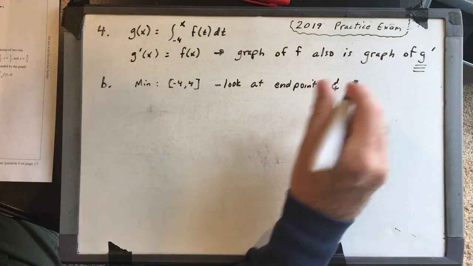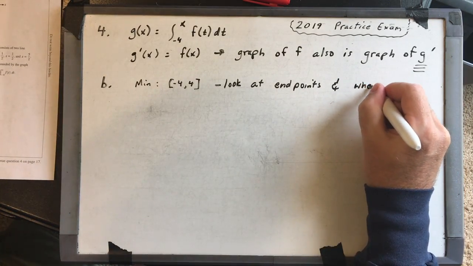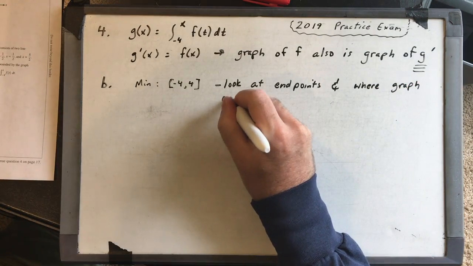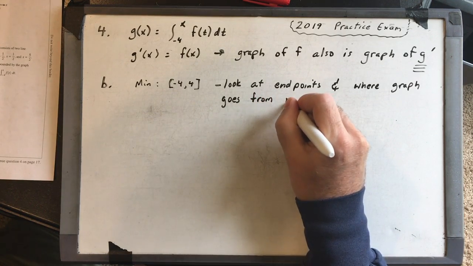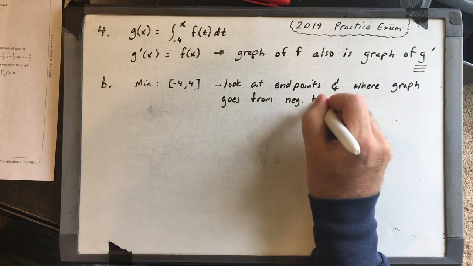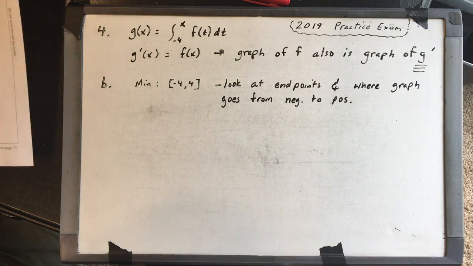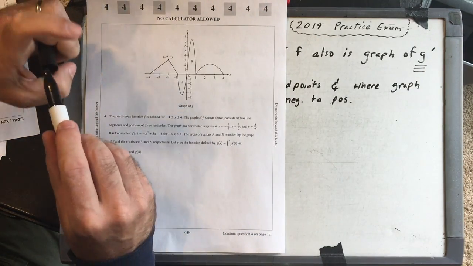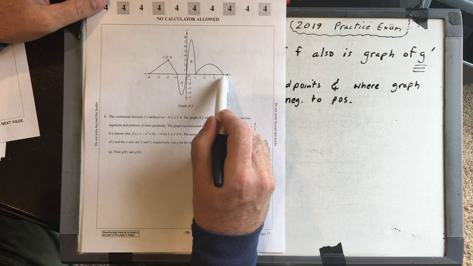and where it goes from negative to positive. Okay, that's a critical point that could be a minimum. So we're going to look at the endpoints. We're going to look at -4. We're going to look at 4.